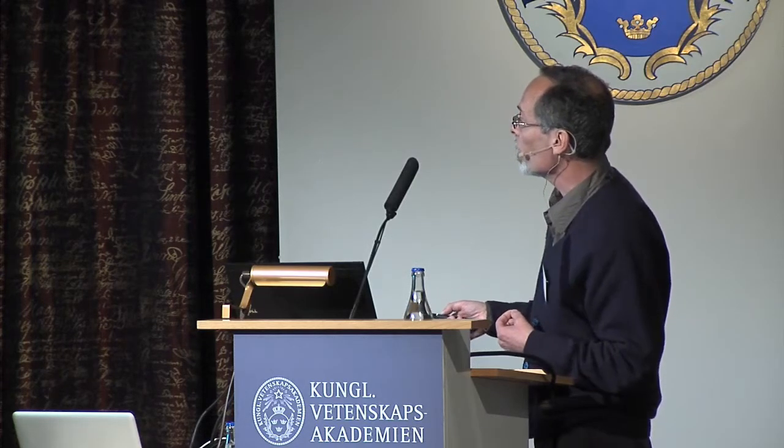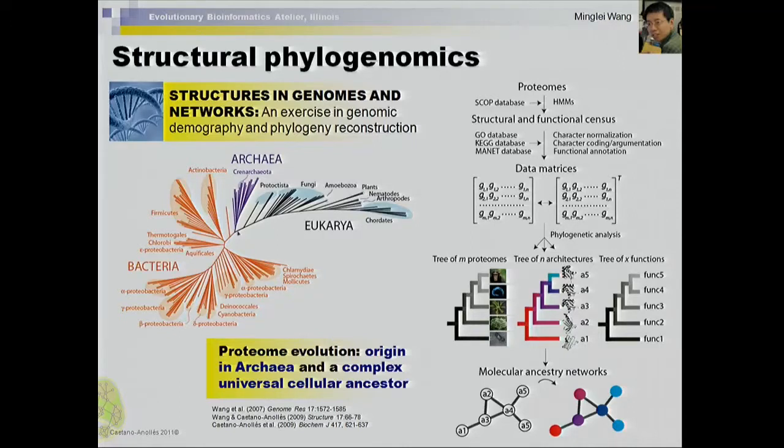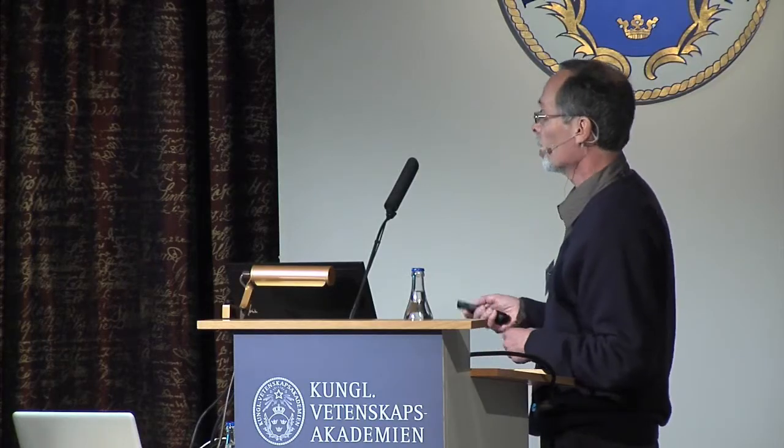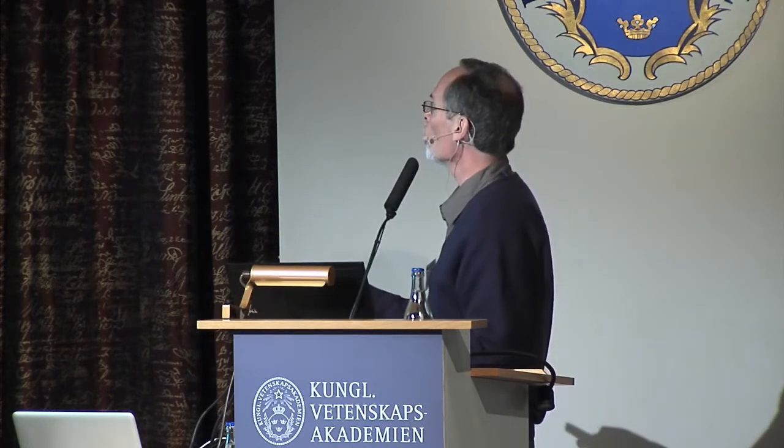And we can reconstruct trees that really show the 3 domains of life: archaea, eukarya, bacteria. Within the eukarya, groups that are well known are grouped together. And we find, interestingly, an origin of these trees, because these trees are rooted because of the principle of abundance. We find that the origin is in archaea, and we have defined a complex and universal cellular ancestor, a LUCA, as it's usually termed. I'll come back in a minute to this aspect.